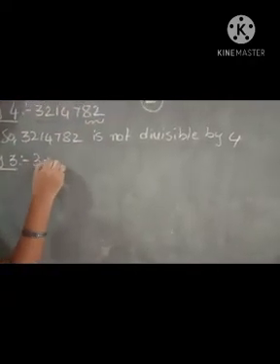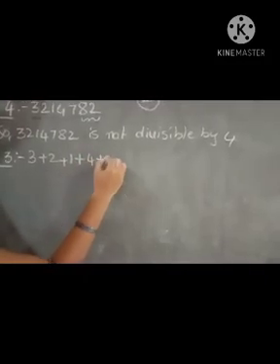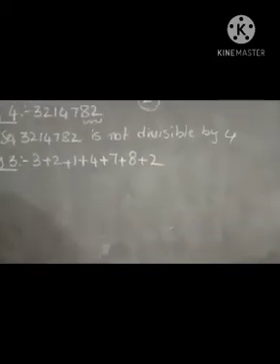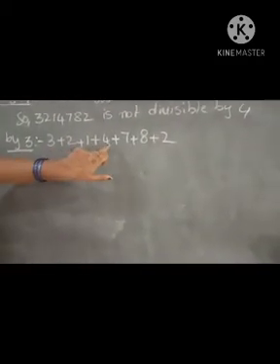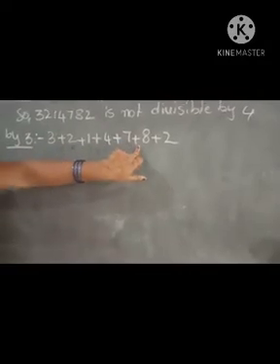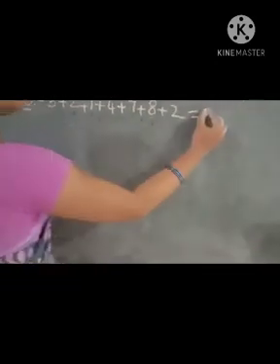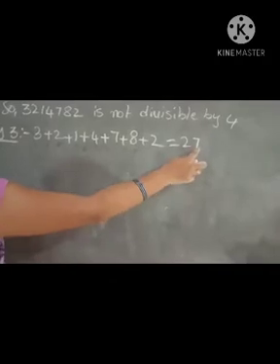See here, 3 plus 2 plus 1 plus 4 plus 7 plus 8 plus 2. Total, what is the number? Tell me, children. The number is 27. Okay children, did you understand? The total is 27.